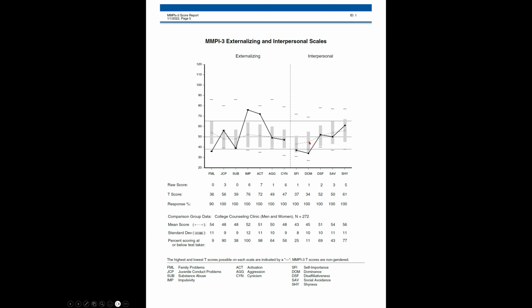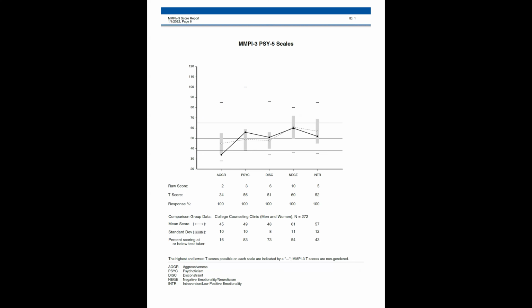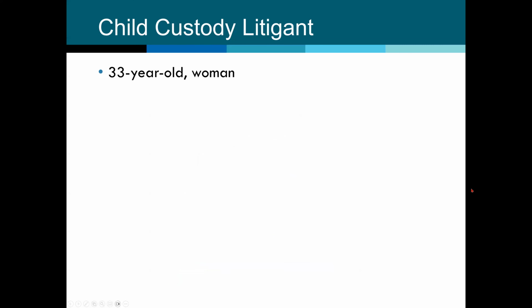We can see that she has relatively low scores on self-importance and dominance. On the Psi-5 scales, she pretty much tracks the mean except for the aggressiveness scale. She's below average on this scale, and that's associated with a tendency to be more passive and submissive in interpersonal relationships. You can see here she's at the 16th percentile for this population on the aggressiveness scale.